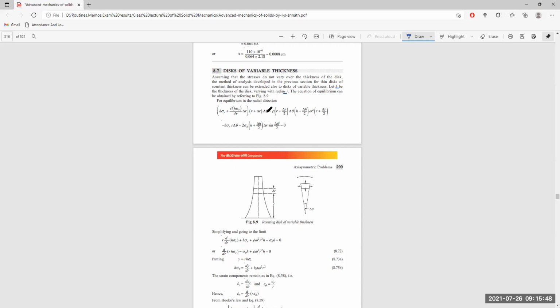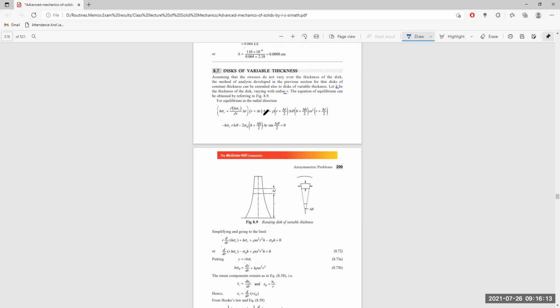What we are doing is considering a particular point over the length of the disk. It has a radius equal to r plus delta r, and it is a differential element with differential thickness and differential radius.